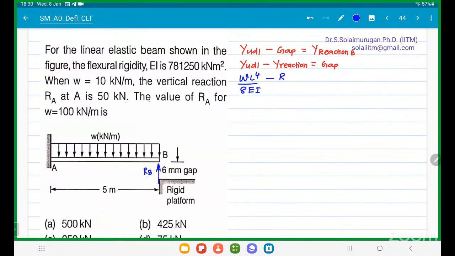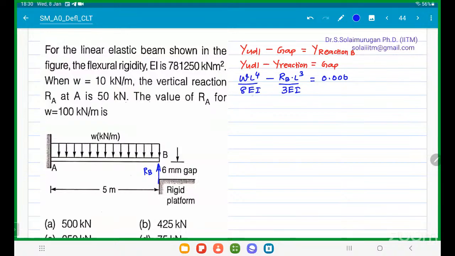Let us say RB equal to R. RB into L cube by 3 EI equal to gap, which is 0.006. Now substitute everything except RB. Everything is available in your hand.